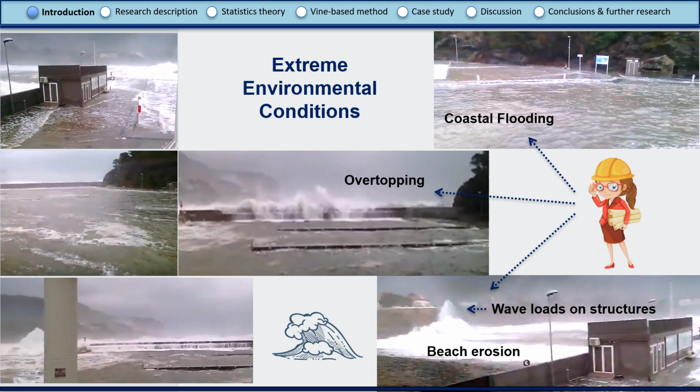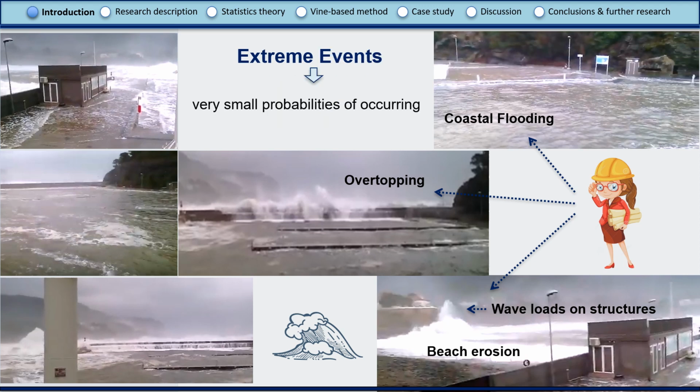Well, engineers must imagine extreme environmental conditions to study hydraulic phenomena such as coastal flooding, wave overtopping, which is no more than water flowing over a breakwater, and beach erosion. These extreme conditions we also call, in engineering terms, extreme events. These extreme events are characterized by having very small probabilities of occurrence.